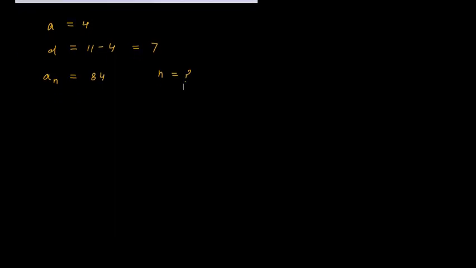And then I also have to find a13. A13 is also question mark. So two things I have to find. One is an is given 84, so what is n, and second is a13. So here it is simple, we know the formula for an, it is an equal to a plus n minus 1 d.